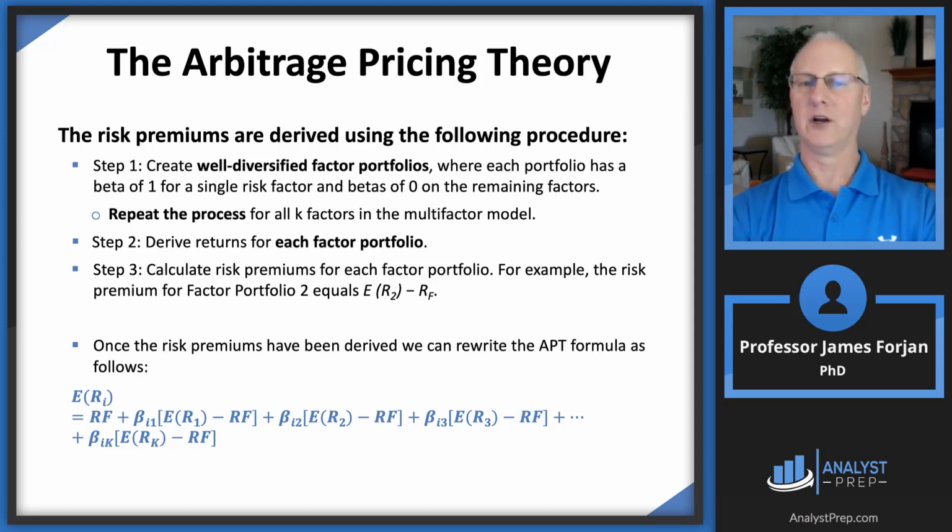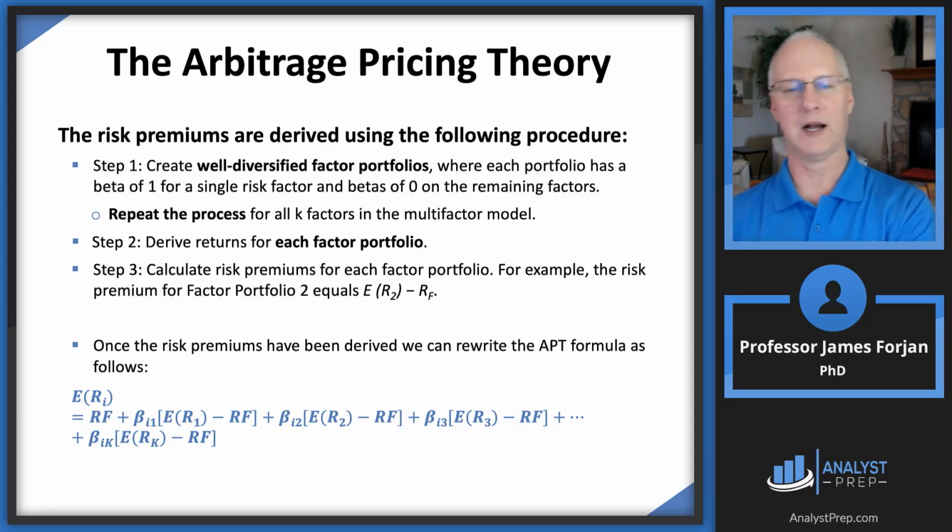Then you're going to derive returns for each factor portfolio, and then you're going to compute those risk premiums for each factor portfolio. Once we can do this, then we can rewrite this. There's the expected return on an individual stock. It starts with the risk-free rate of interest, and then there's beta i1 and beta i2 and beta i3.